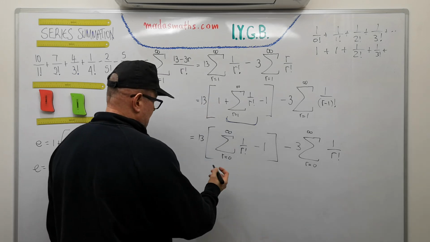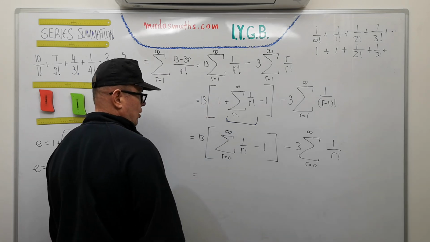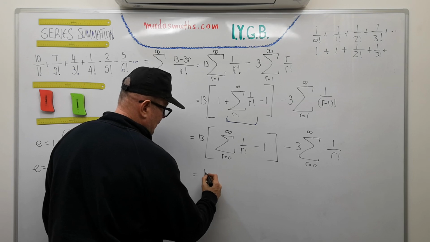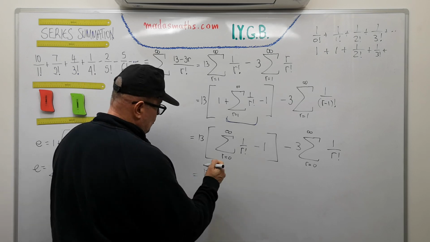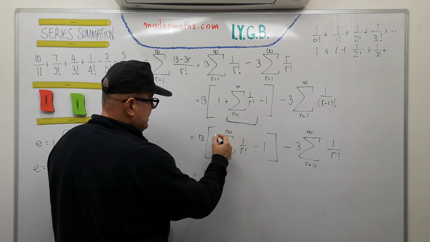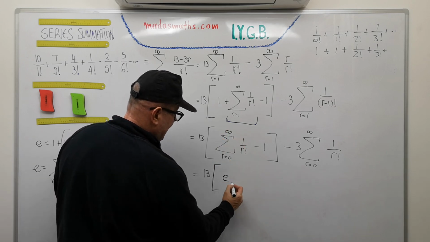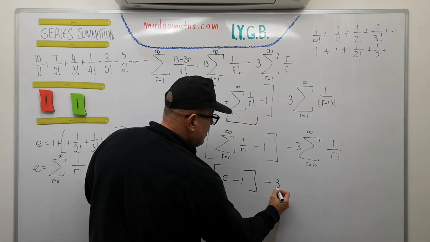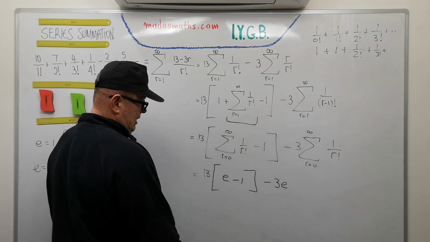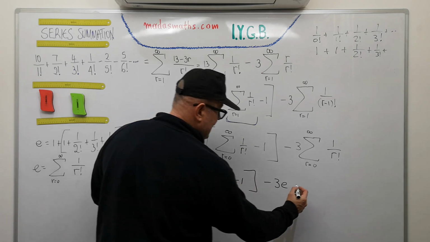So the game is done now. You say that's it, there's nothing else to do there. Just put our bits in. 13 times the bracket, and what do we have? This sigma is of course my e minus 1, and then I go minus 3e. If we tidy this up, we're going to get 13e minus 3e.